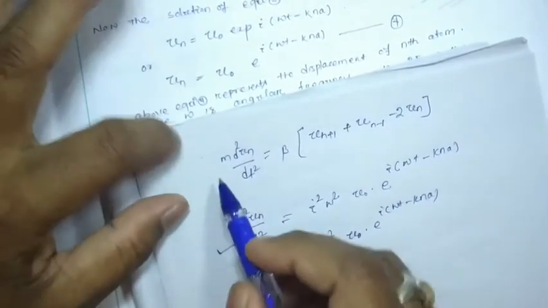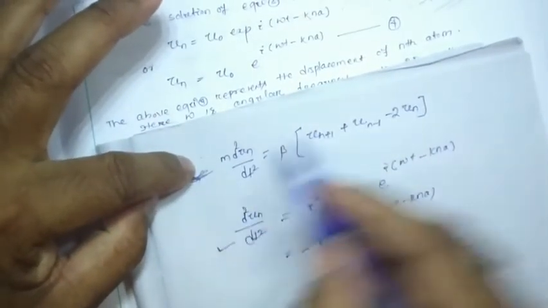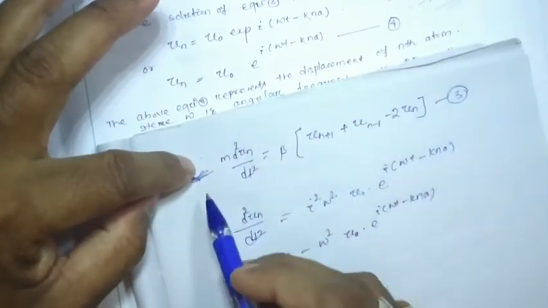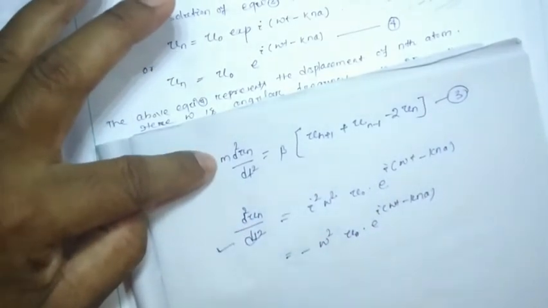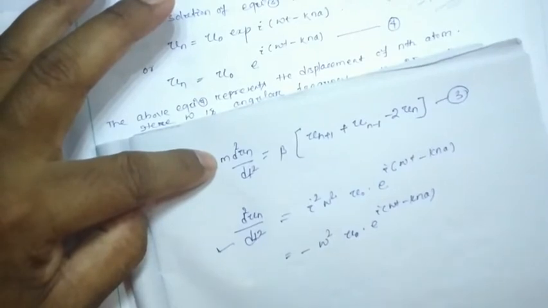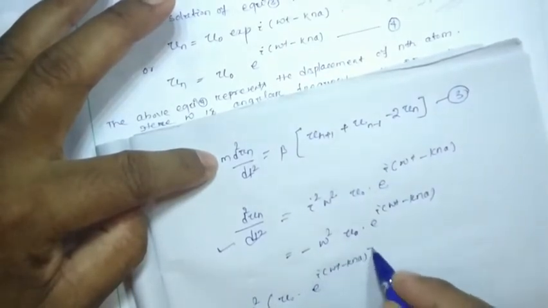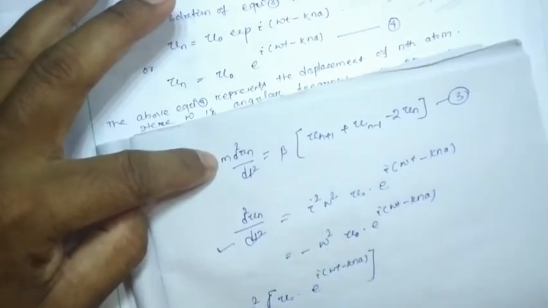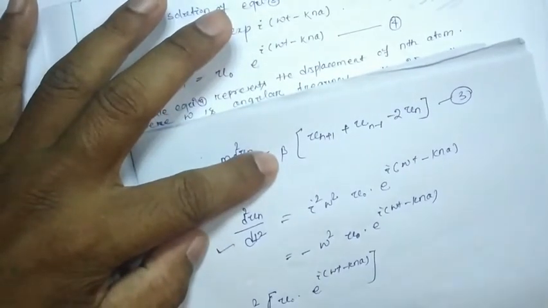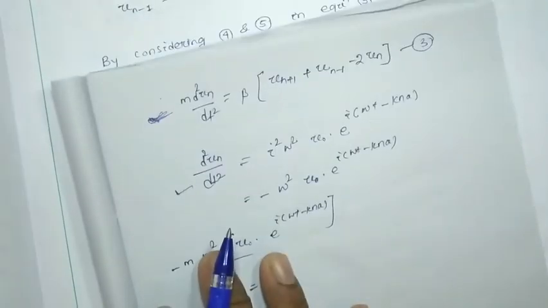Now the left hand side of this equation, this is our equation number 3. So the left hand side of equation number 3 will be minus m omega square into u0 into e to the power i omega t minus kna, is equal to beta into un plus 1.